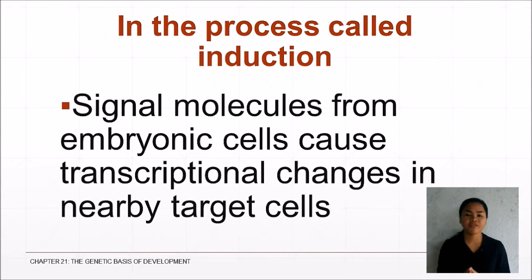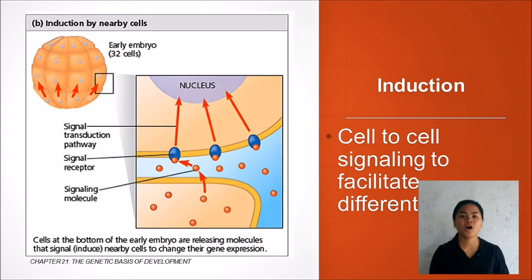The environment around the cell affects the developmental fate of an embryo through the process of induction. Signal molecules from embryonic cells cause transcriptional changes in nearby target cells. So, I have here a figure of the induction of cells.